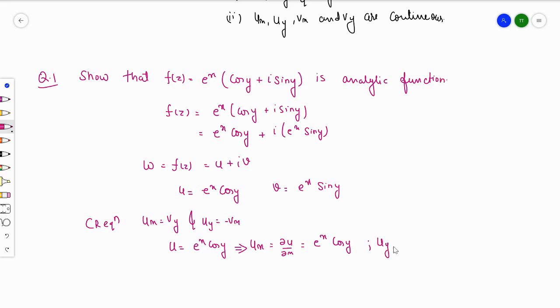Partial differentiation with respect to y, where x is a constant, so e raised to power x is constant, and the differentiation of cos y is minus sin y. So your uy value is equal to minus e raised to power x sin y. So this is my uy and this is my ux.